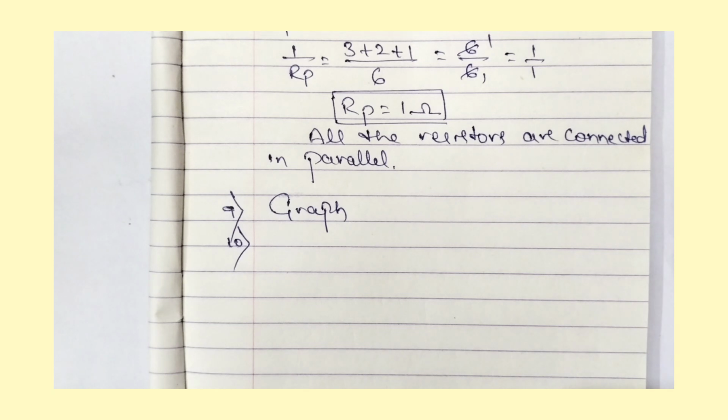So first question, what is the meaning of the statement the potential difference between the 2 points is 1 volt?